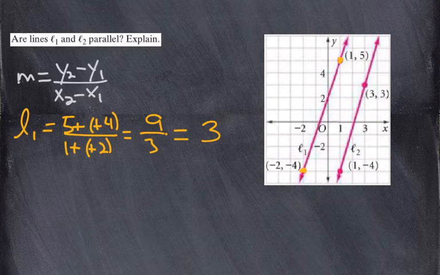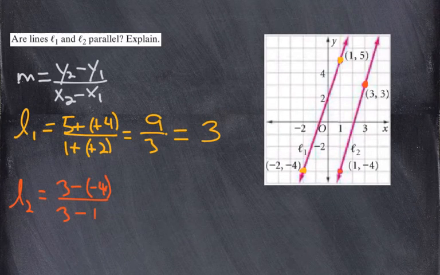So this one has a slope of 3. So now we're going to find the slope of L2. And if they end up being the same, then we know that they're parallel. So we'll do L2 here. The slope of that, you have one y value, 3, minus the other y value, which is negative 4, over the x value, 3, minus the other x value of 1. So that becomes a plus.